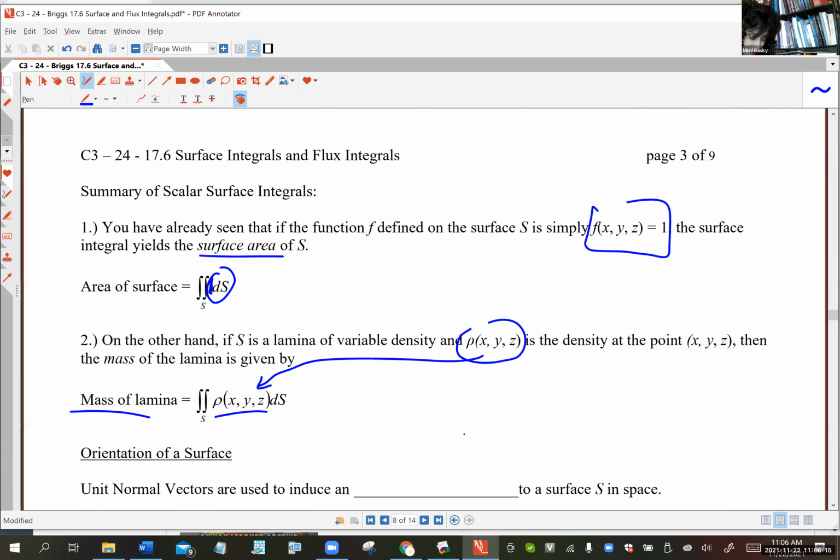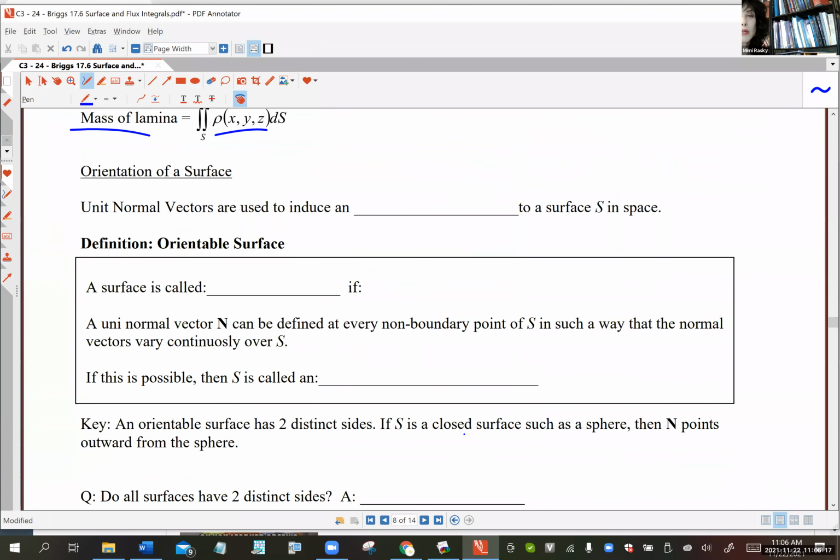Okay. So we do have to talk about something known as orientation of the surface. It's kind of weird, but what we use is unit normal vectors, remember N? Unit normal vector, and it's going to be normal to your surface, or orthogonal. You're going to use these little normal vectors to induce what's called an orientation to your surface.